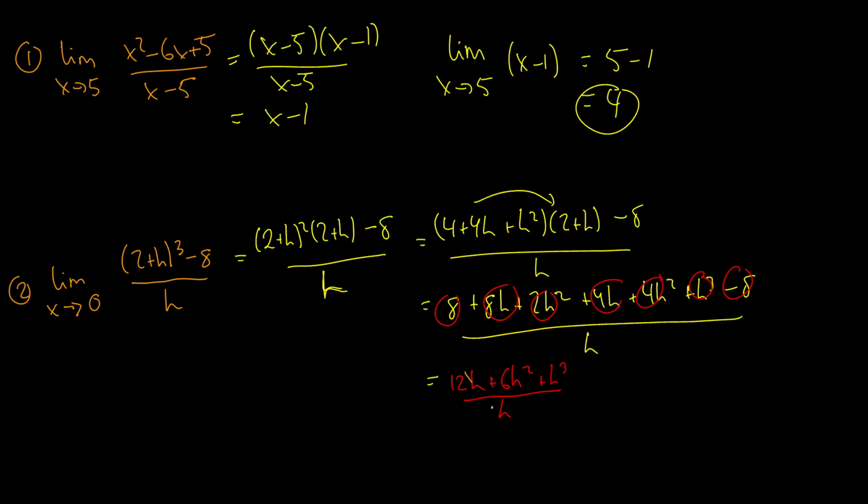If we divide everything by h, then we get 12 plus 6h plus h squared. And now we take the limit as h goes to 0, which of course sends these two terms to 0, and then we get the answer is equal to 12. And you can check that in a graph. You can go to wolframalpha.com, check that out, and that is how you figure out these two questions.